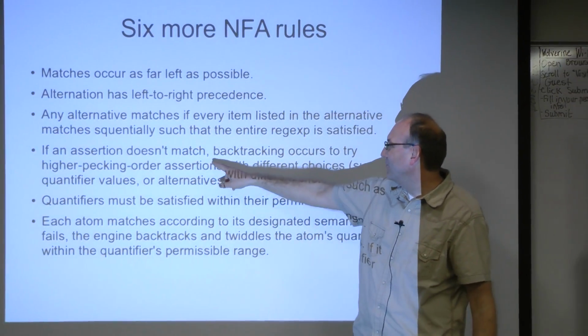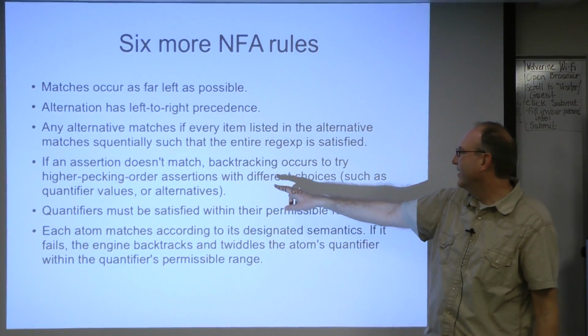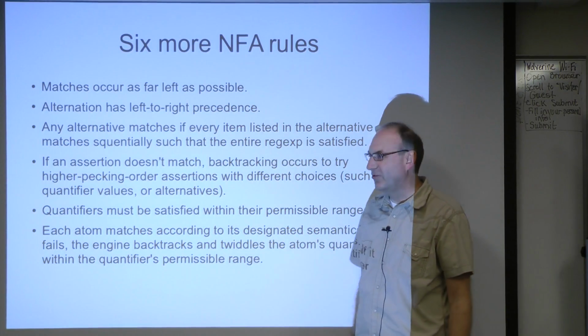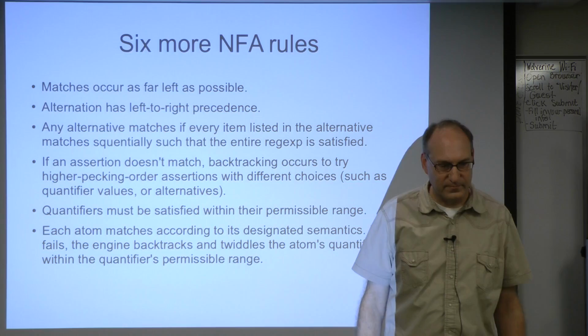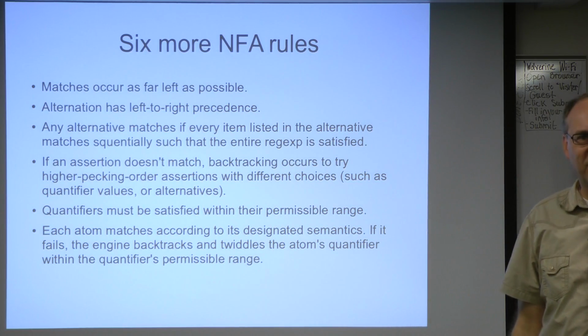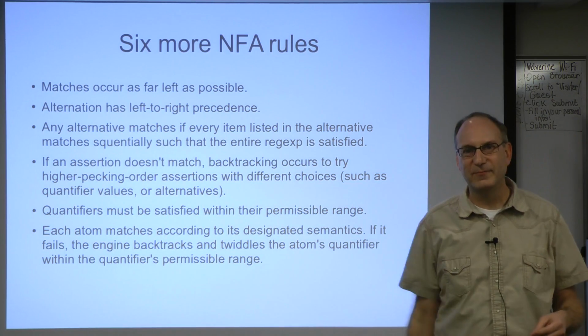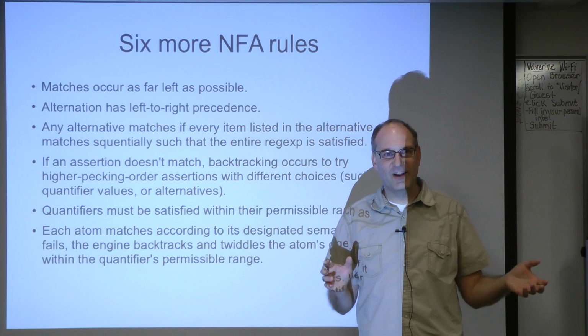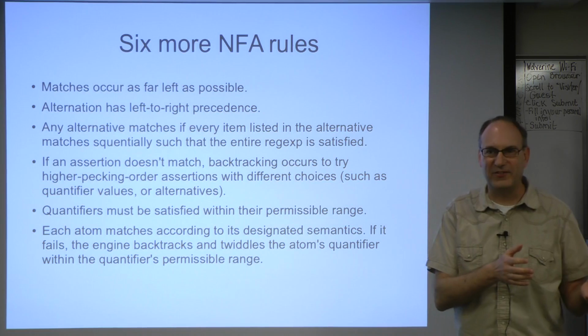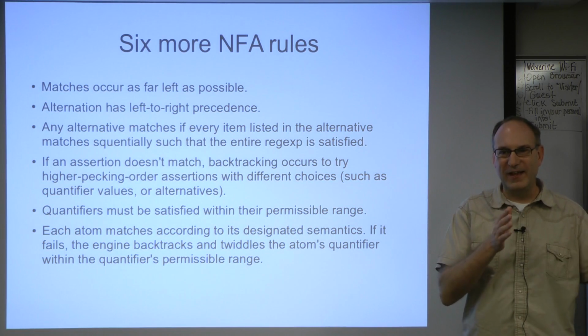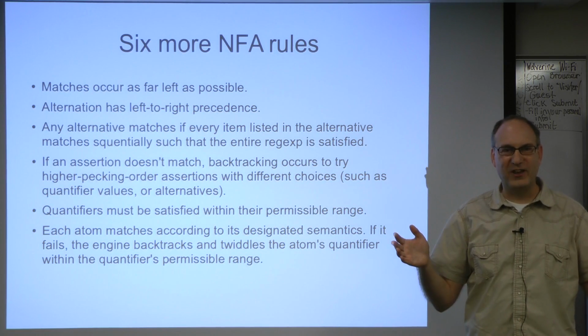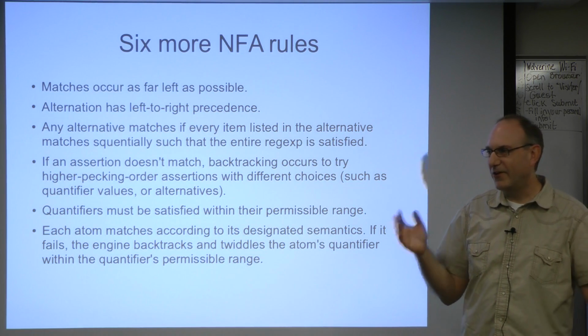If an assertion doesn't match, backtracking occurs to try higher pecking order assertions with different choices. So in the example of A star and then in parentheses another star, the outer star is higher precedence, the inner star is lower precedence. It'll iterate through all of the possible inner A stars before it goes and changes the number of quantities in the outer A star.